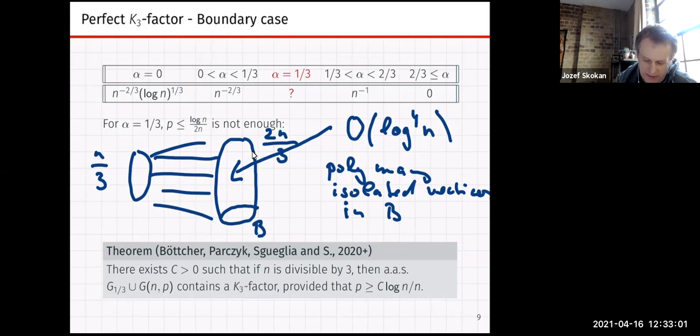Well, that means that every such vertex must be covered by 2 edges coming from my original graph, plus some random edge over here, right? But if you want to cover the full triangle, for every such vertex, because you took 2 vertices on this side, you have to take one triangle which is completely inside this set B, just because you have this balance n over 3 to 2n over 3.